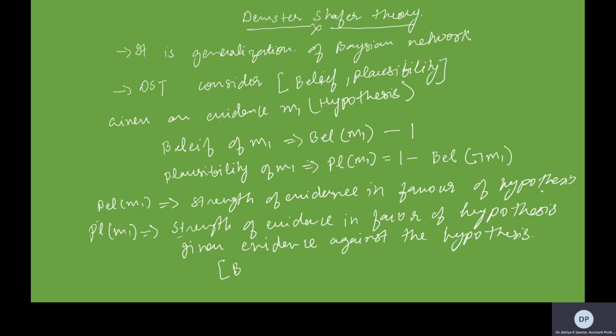of belief of M1 and plausibility of M1. Suppose in a question we give you certain evidences. Like suppose in an example we have the interval 0 comma 1. What do you infer?